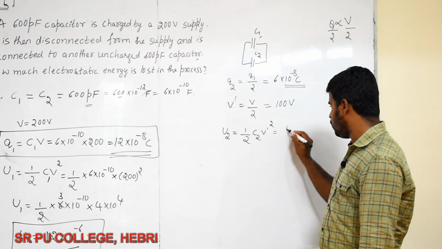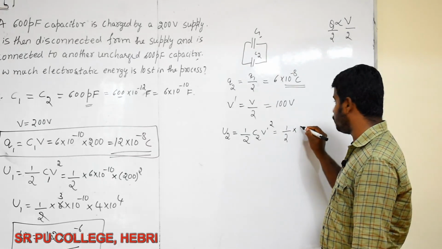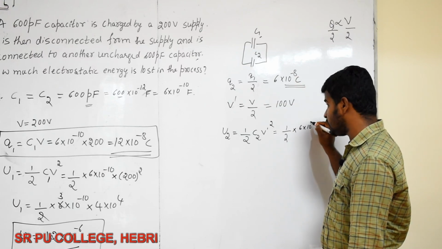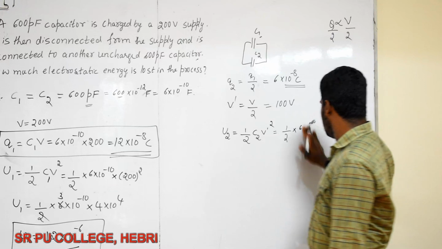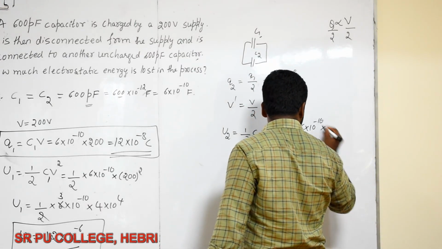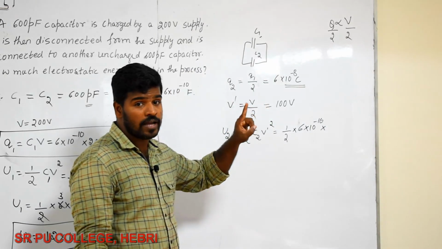Half is as usual. The value of C1 is equal to C2, since both the capacitors have the same capacitance, 6 into 10 raised to the power minus 10, into the very important term V dash square. It's not the value of V now.